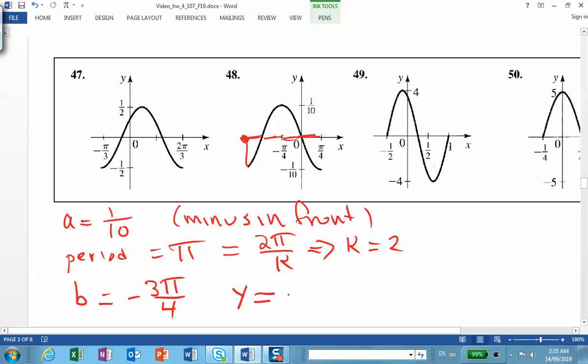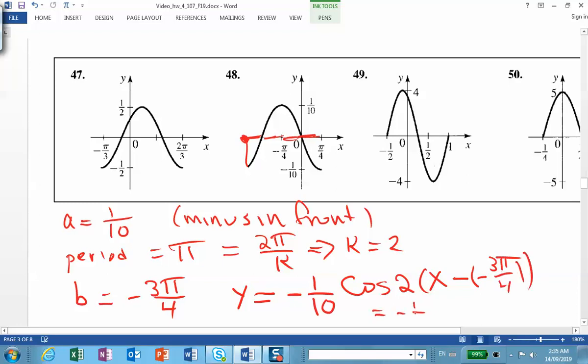Remember I said negative in the front, and this is a cosine, and there is a 2 because k is 2, times x minus 3 pi over 4. And if you clean this up, you get minus 1 over 10 cosine of 2 times x plus 3 pi over 4.